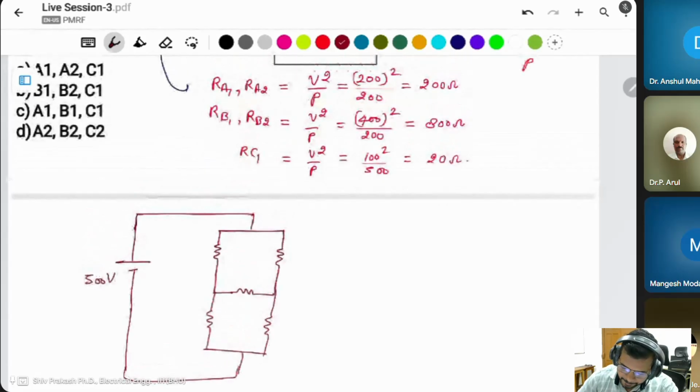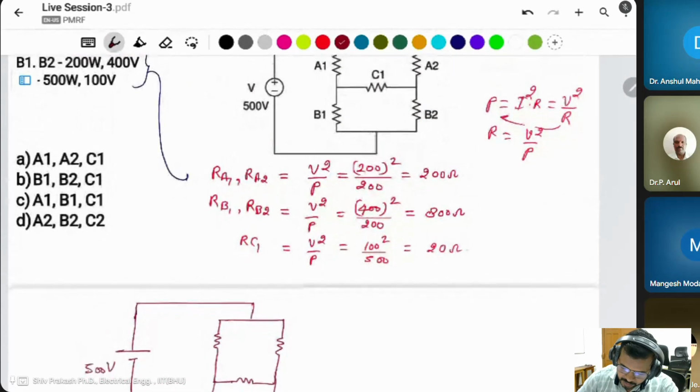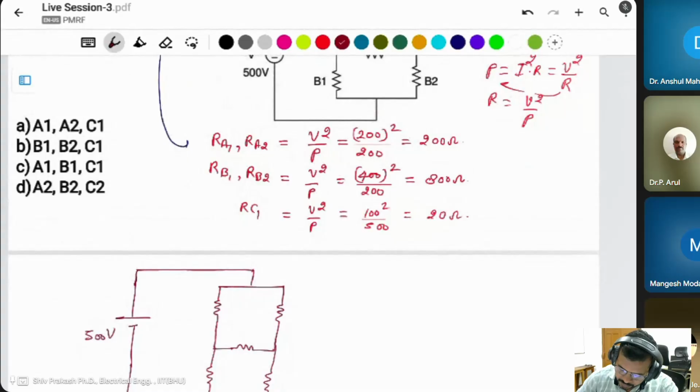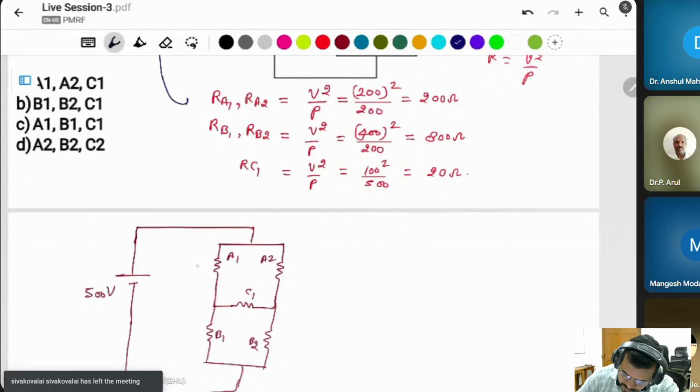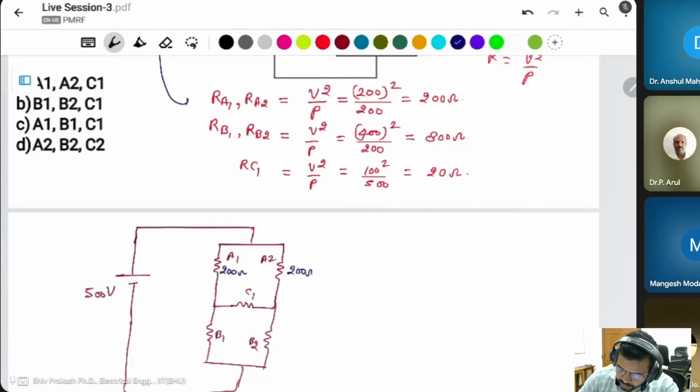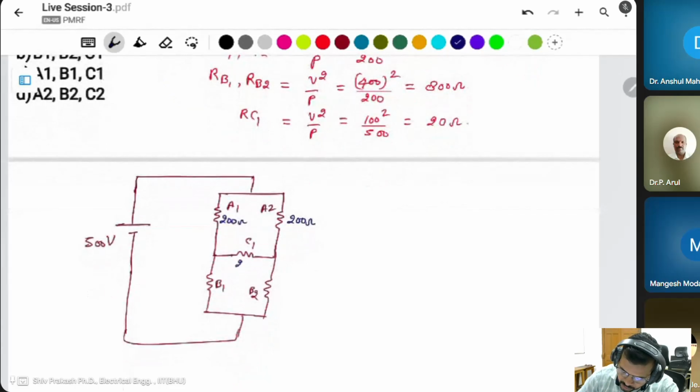Five hundred volt source. This one is A1, A2, C1. This one is B1, B2. The resistances of this one: this is 200 ohm, this is also 200 ohm, this is 20 ohm.